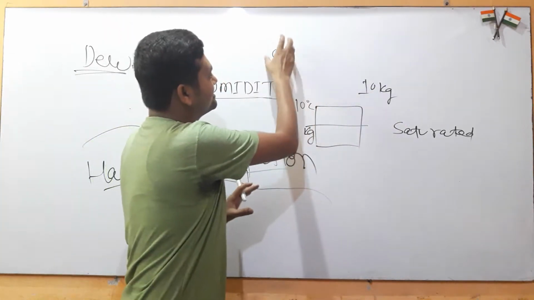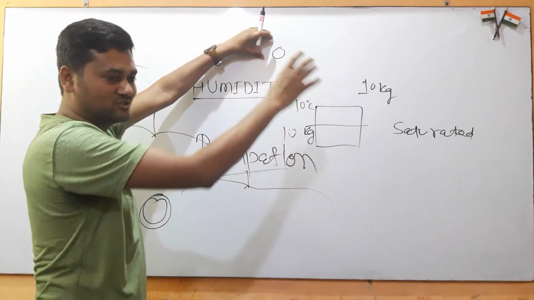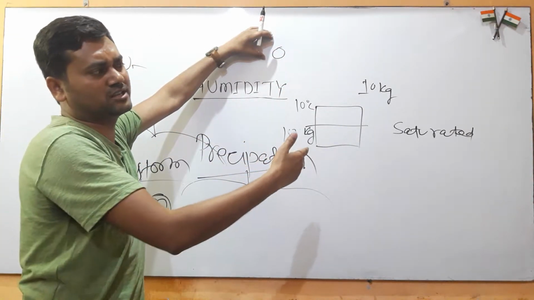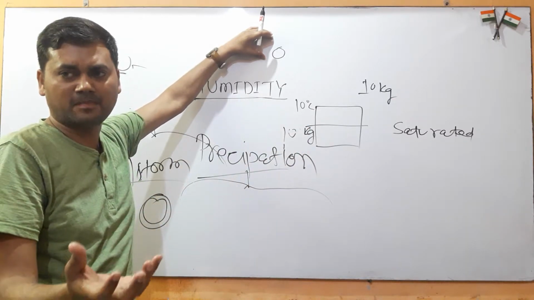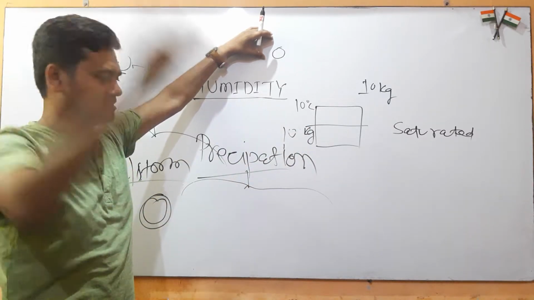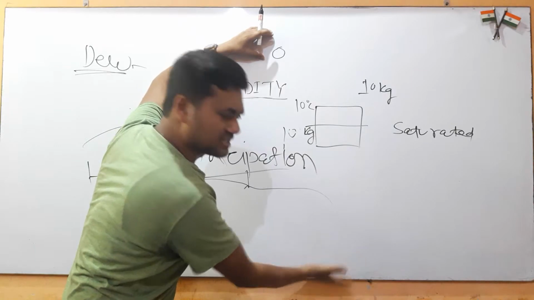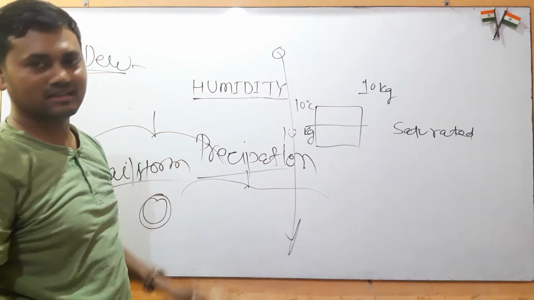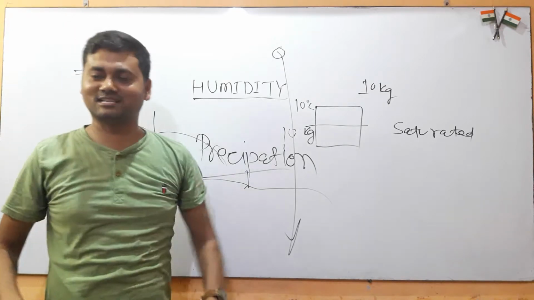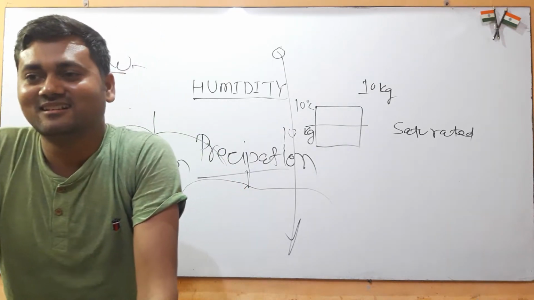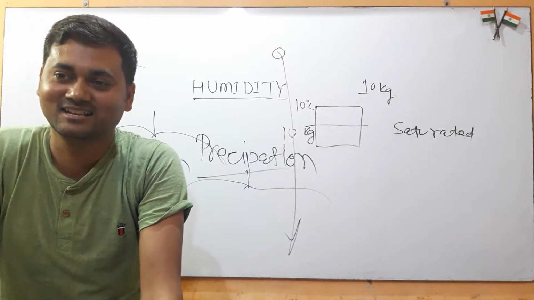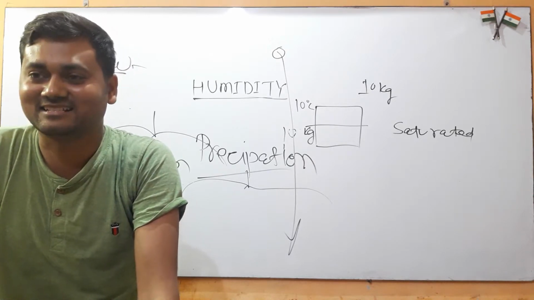When it goes beyond the holding capacity of that space, since gravitational force is working on the surface, it comes down. And when it comes down, you had better wear a helmet, otherwise your head might be broken, because it's quite dangerous.